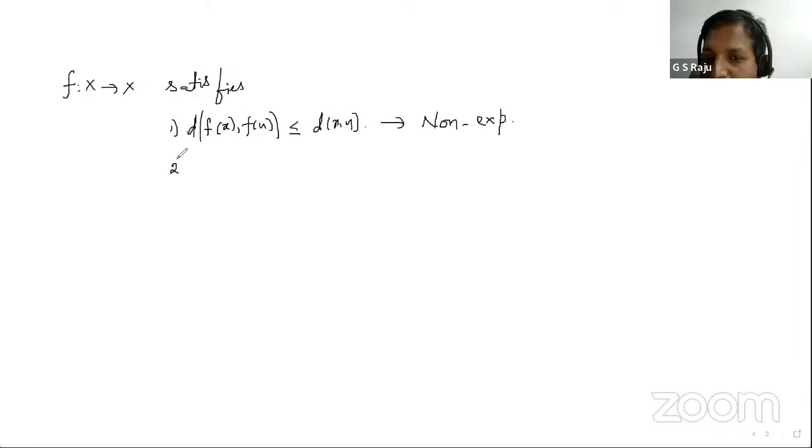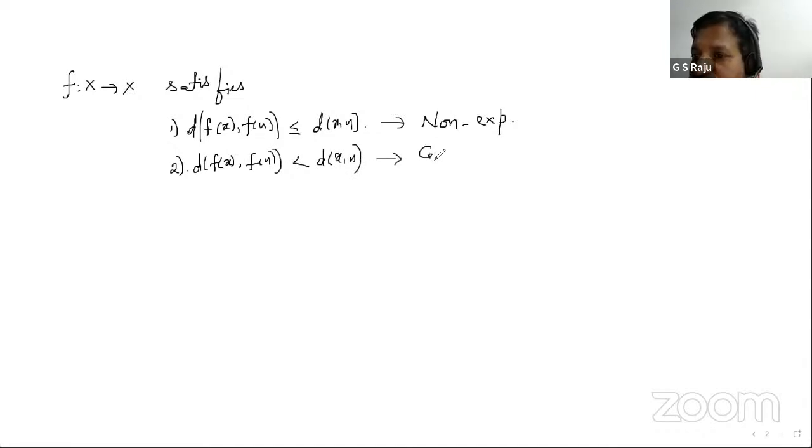The second type of mappings are contractive mappings. Suppose we have a function f from X to X such that the distance of the images is strictly less than the distance of the pre-images. This we call contractive maps. For contractive maps, is there any guarantee for the existence of a fixed point?